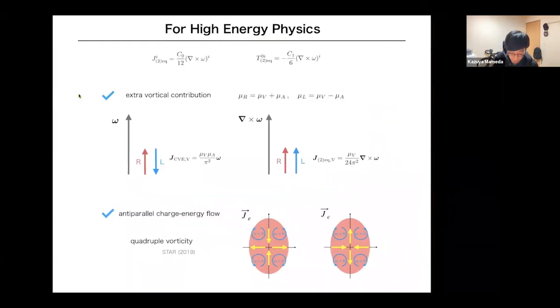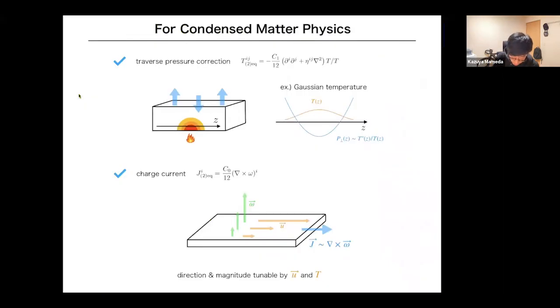So for example, if you have some special profile of the vorticity, then we can generate the current like this. And also, if you have some special profile of the temperature gradient in some material, then we can create the pressure gradient of the material induced by gravitational effect.